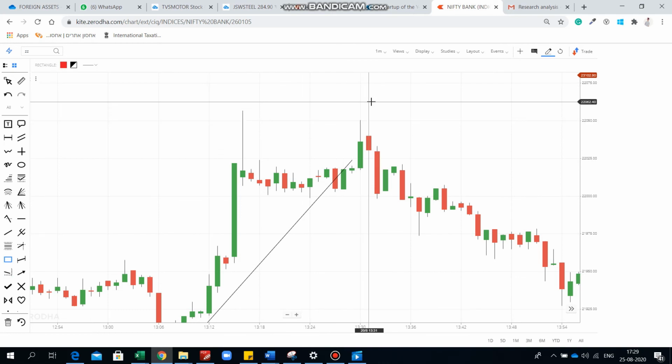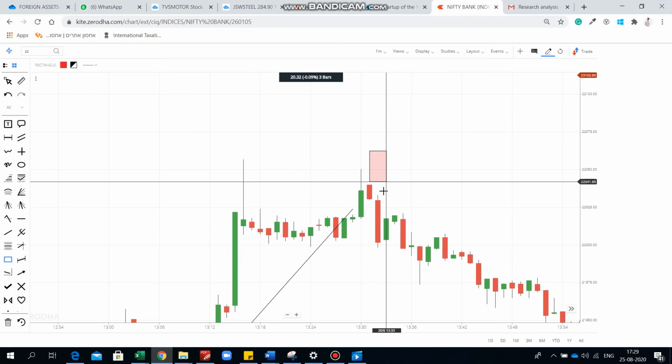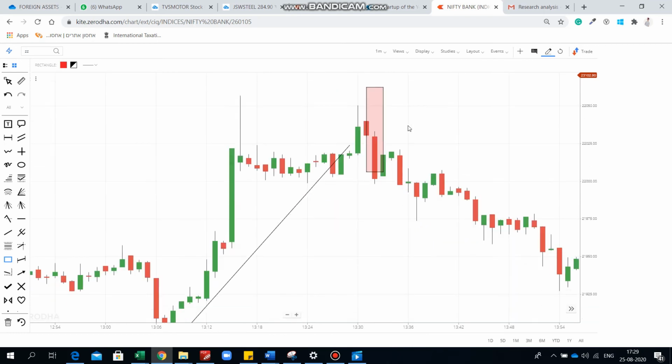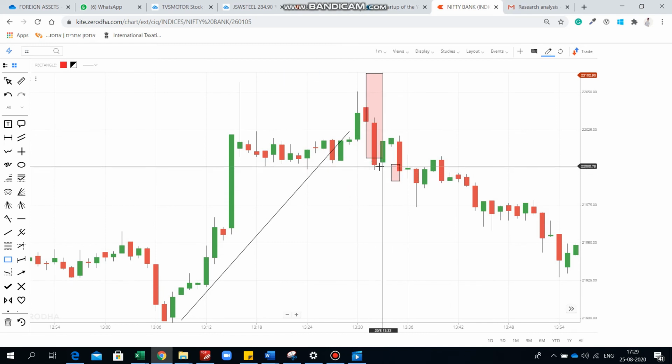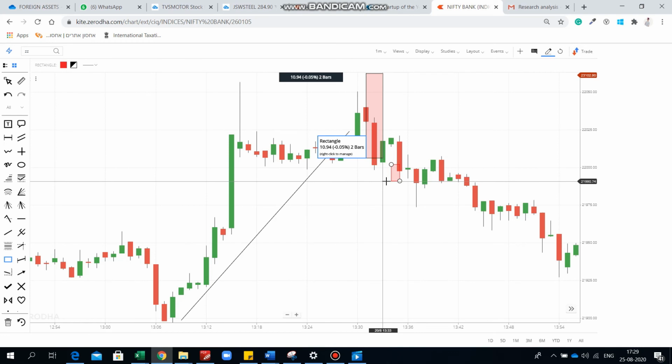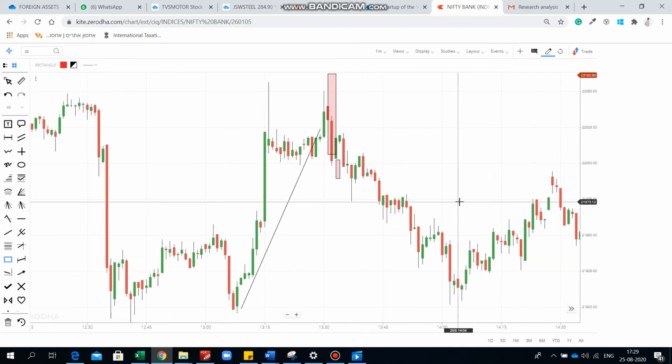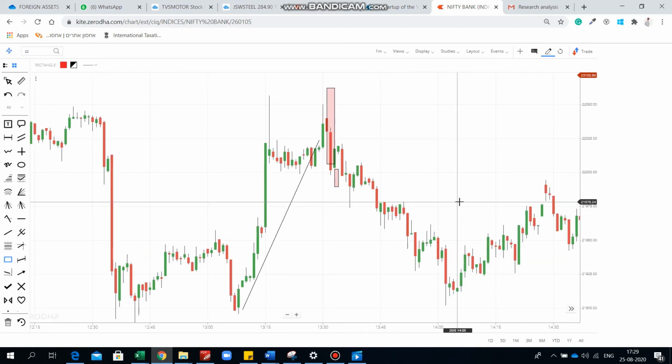Let's suppose the next candle which I am making is eating this candle and closing below this. So from here you can short sell this and make the profit.